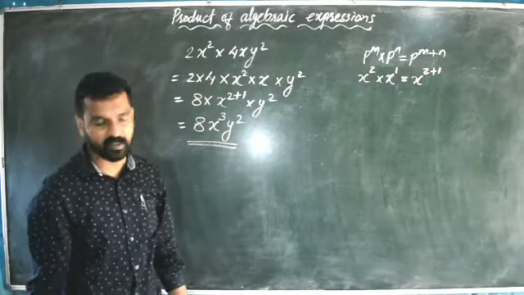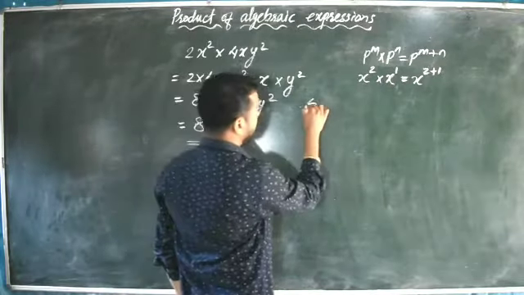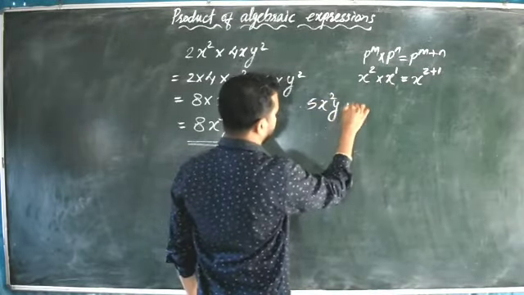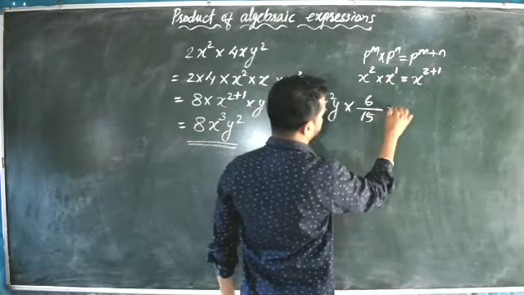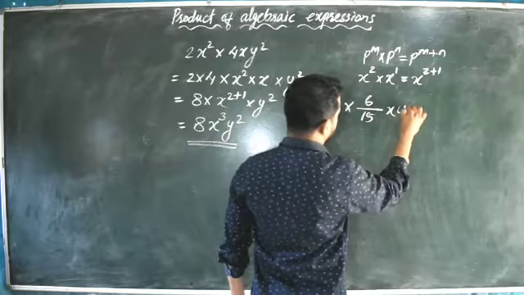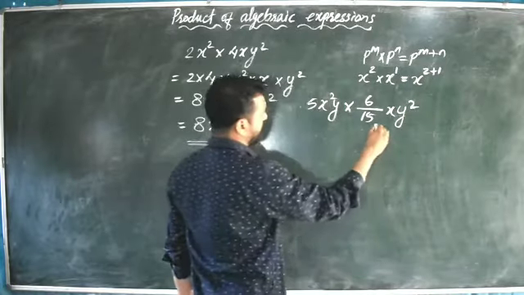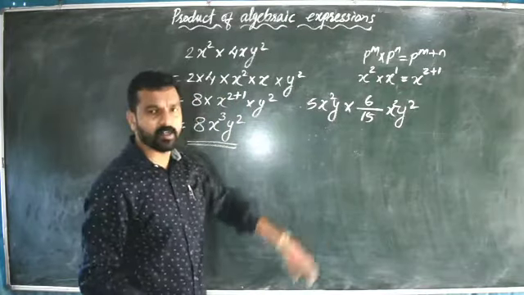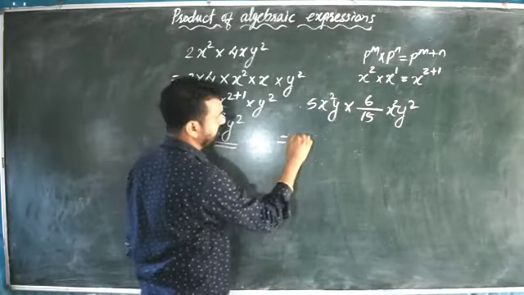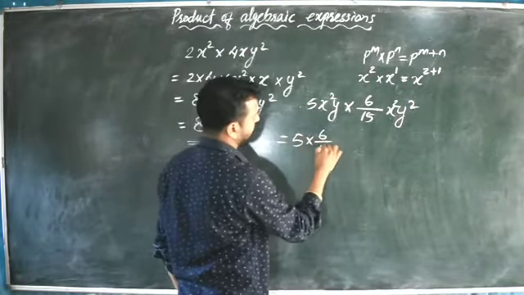Now one more example I will show you: 5x square y into 6 by 15 x y square. How can we multiply this? Multiply the coefficients first, that is 5 into 6 by 15.